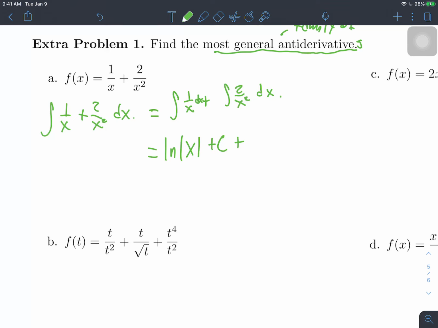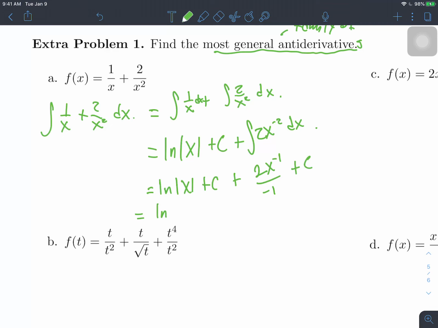Yes, we can. We can rewrite this as the integral of 2x to the negative 2 dx. And then we could write this as ln of absolute value of x plus c plus raise the power by 1, divide by the new power. That's 2x to the negative first power, and divide by the new power, that's negative 1 plus c.